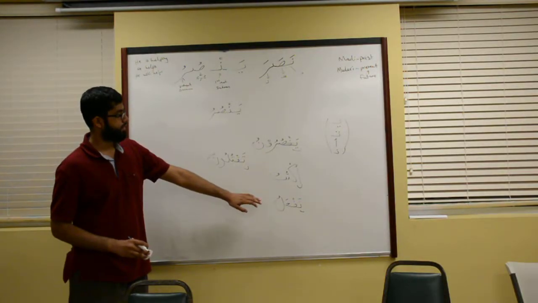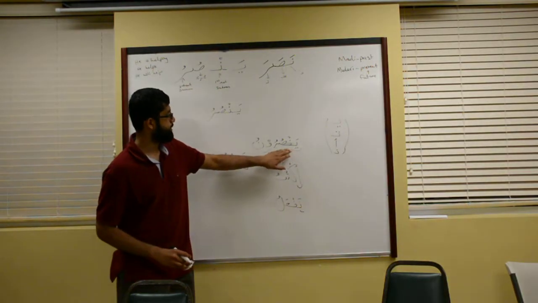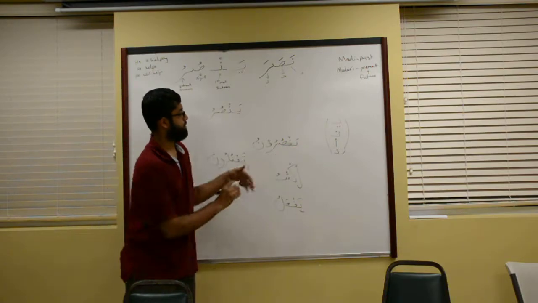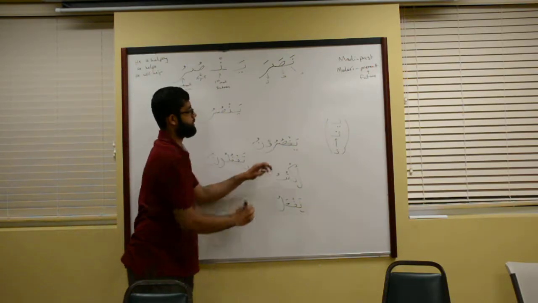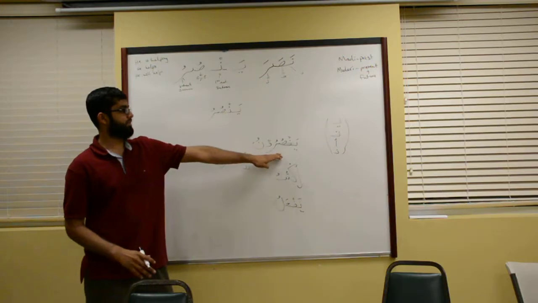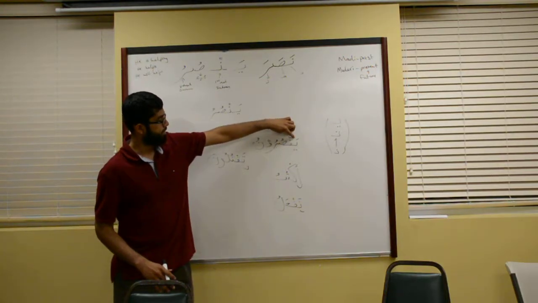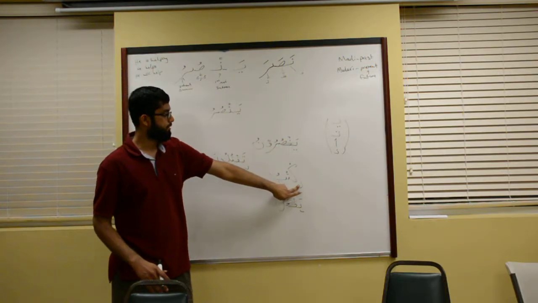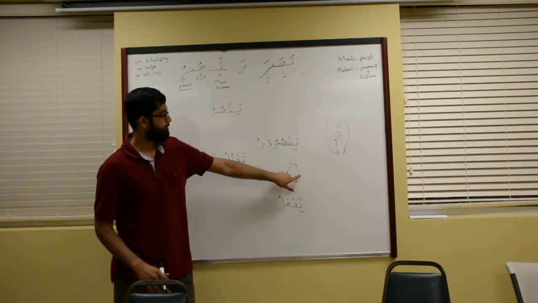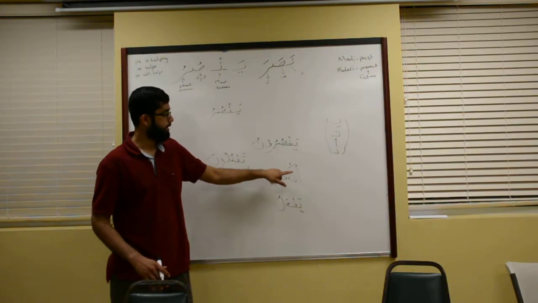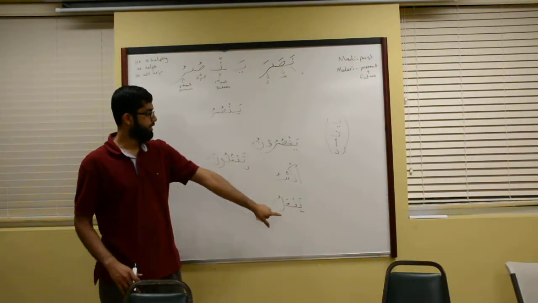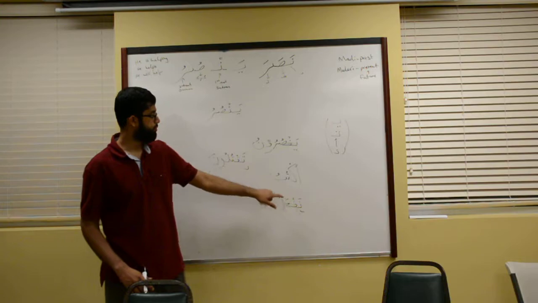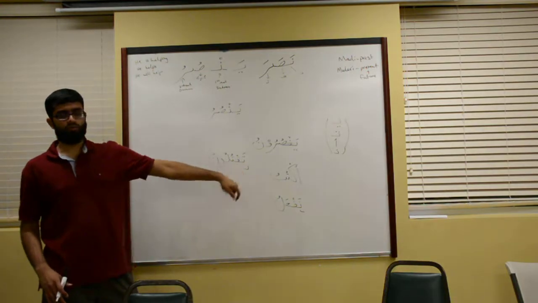Similarly with yansuruna. This is they helped, don't worry about it, but the ya is there, and then the noon has a sukoon. What about aktubu? The alif is there to show that it's mudari, and the kaf has a sukoon. The qaf in yaqtulu has a sukoon.